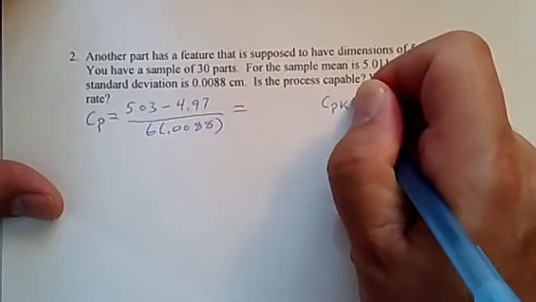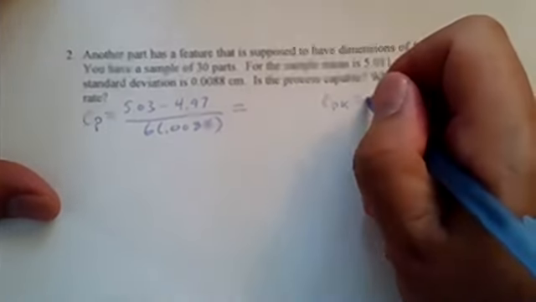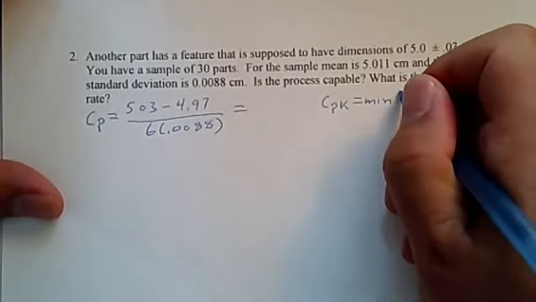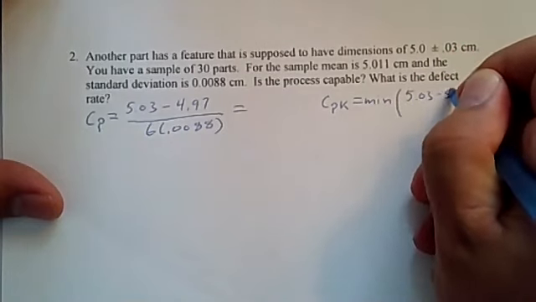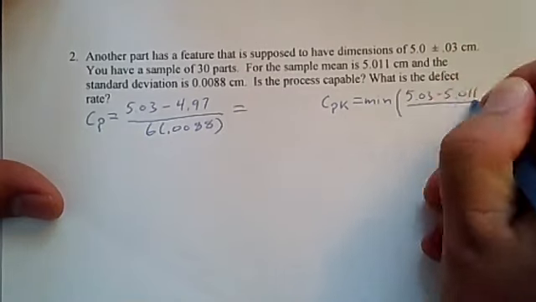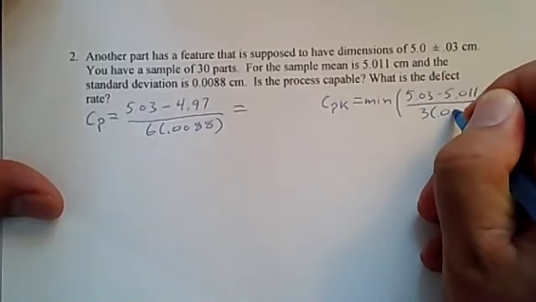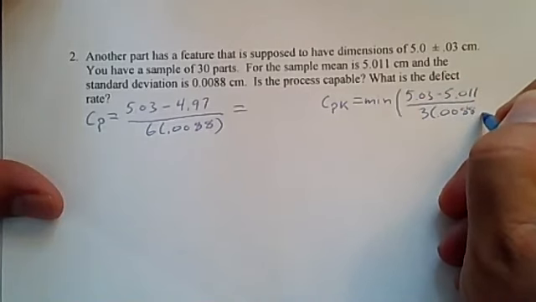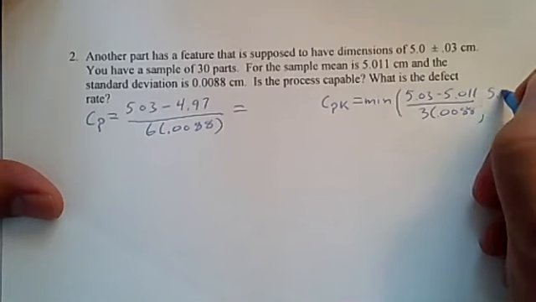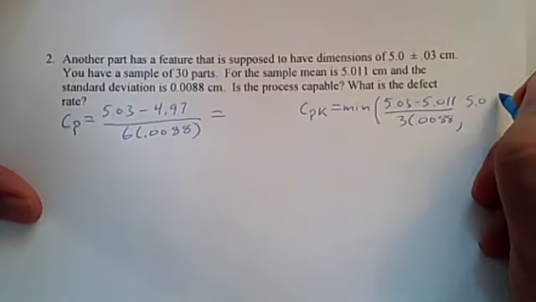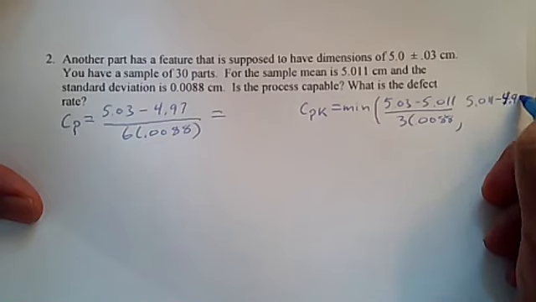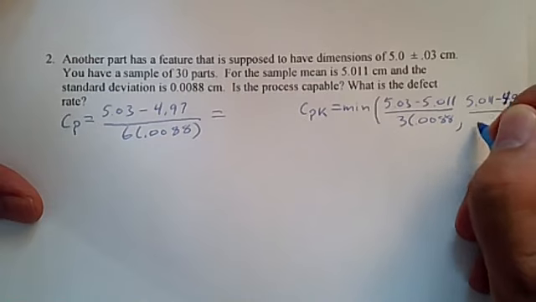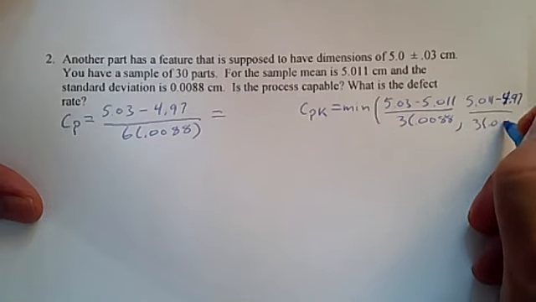CPK is going to be equal to the minimum of 5.03 minus 5.011 divided by 3 times 0.0088, and 5.011 minus the lower specification of 4.97 centimeters divided by 3 times 0.0088.